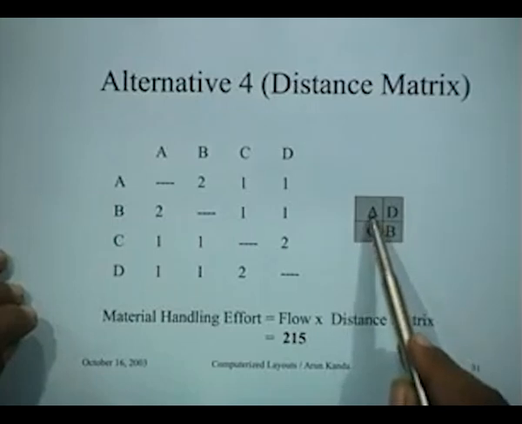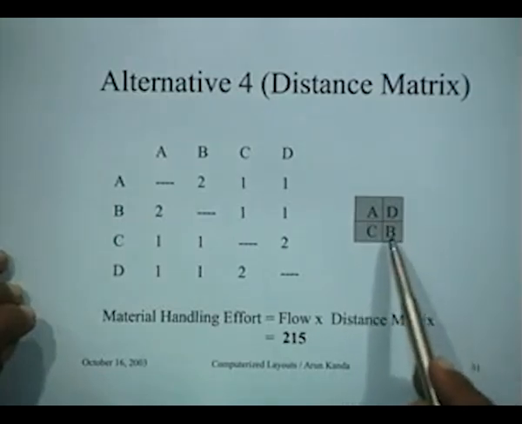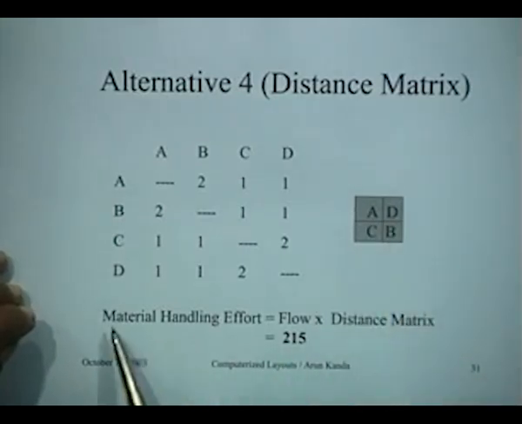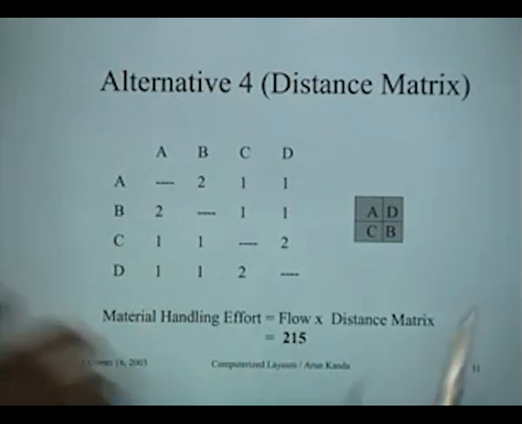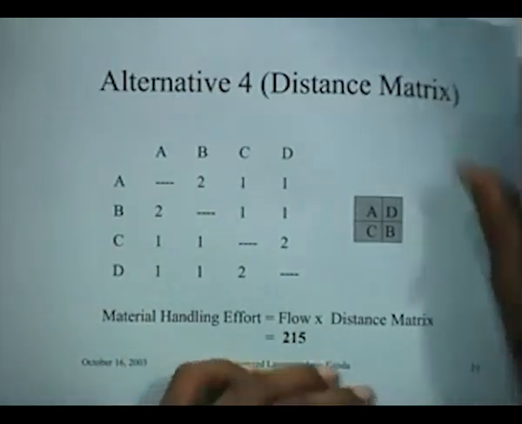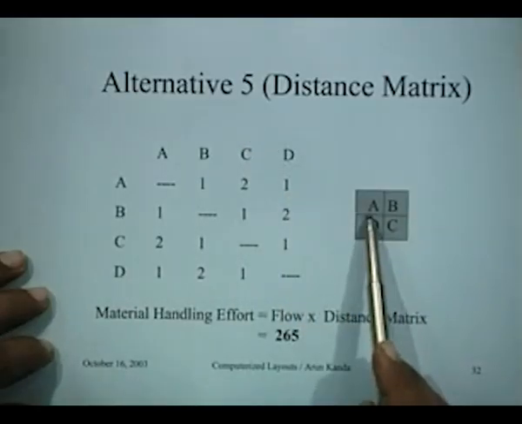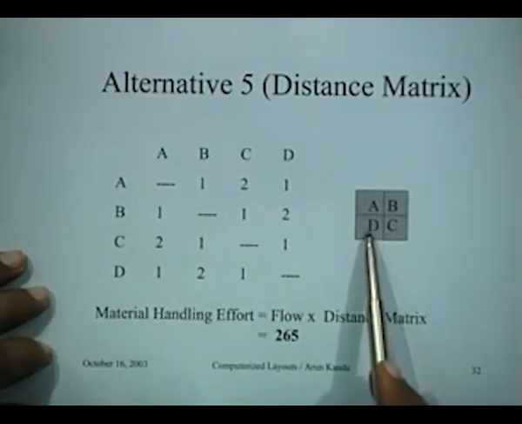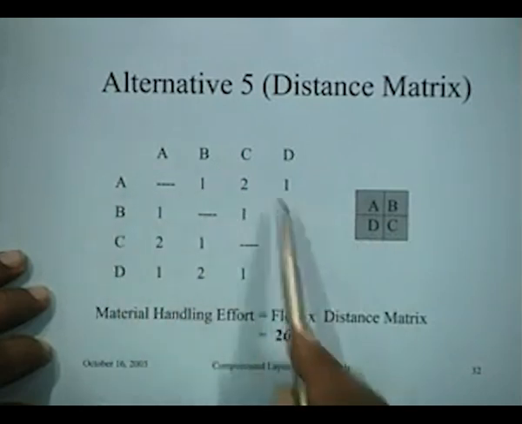Alternative 4, again, this is the new layout A, D, C, B in this fashion, and again the material handling effort would be the flow matrix multiplied with this distance matrix, and this value is now 215. For the fifth alternative, the layout is A, B, C, D this way. The distance matrix is something like this.